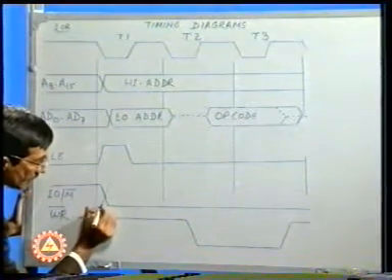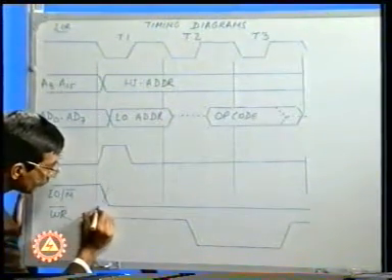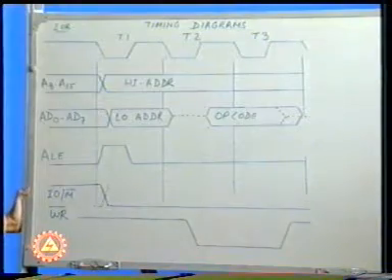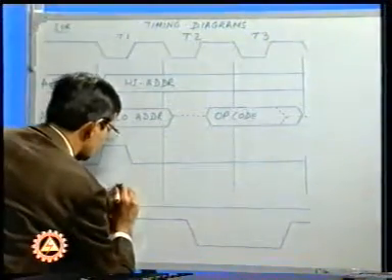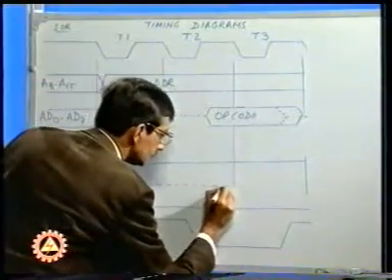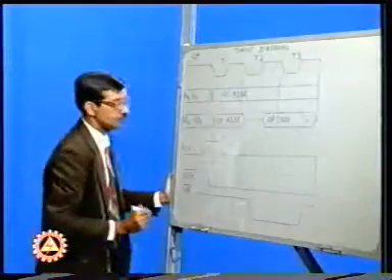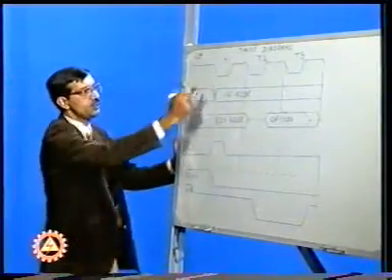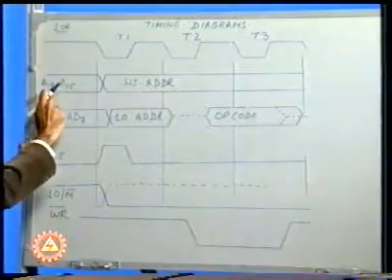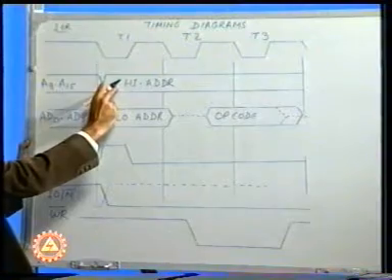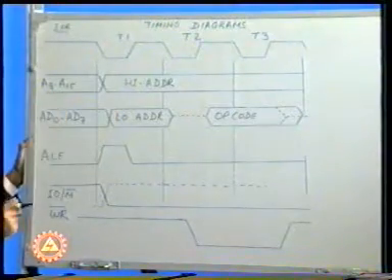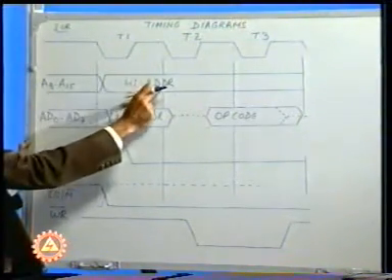I am showing once again the same thing with the help of dots. During the first T state, A8 to A15 will have the address, which we had earlier defined as high address.